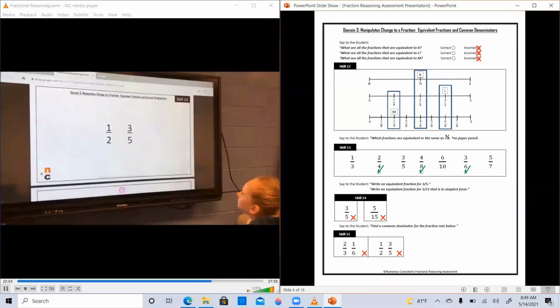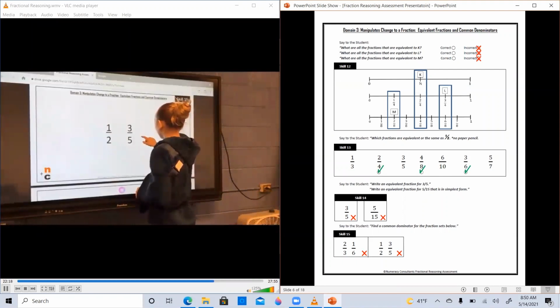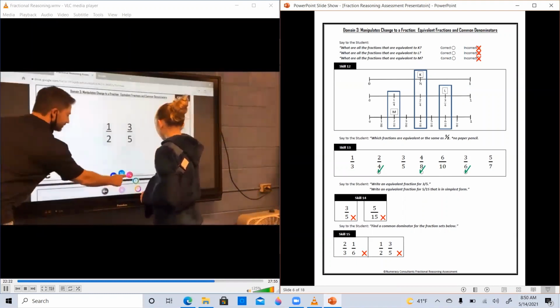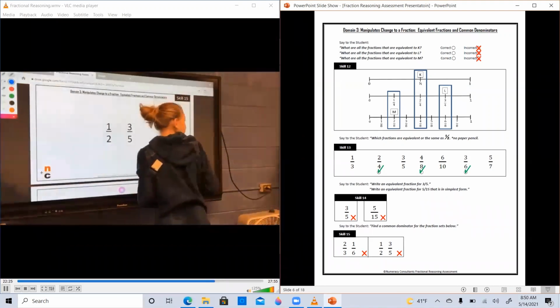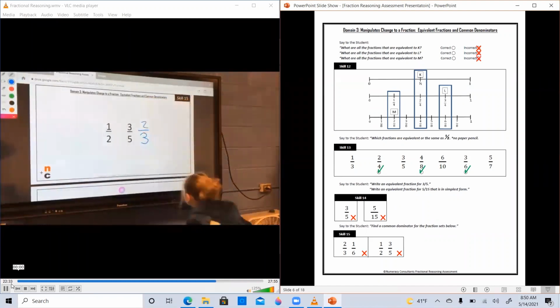And find a common denominator for that set. For 1/2 and 3/5. Find a common denominator. Okay.